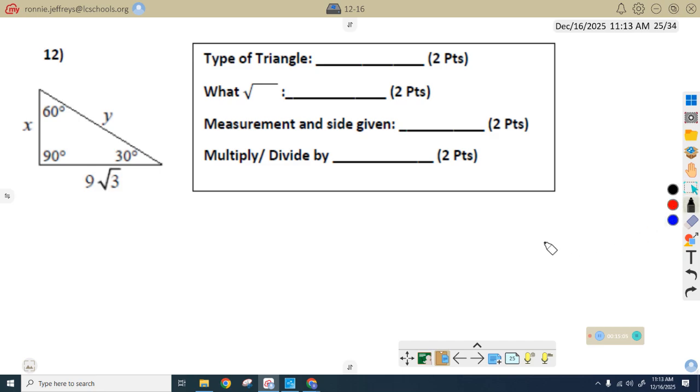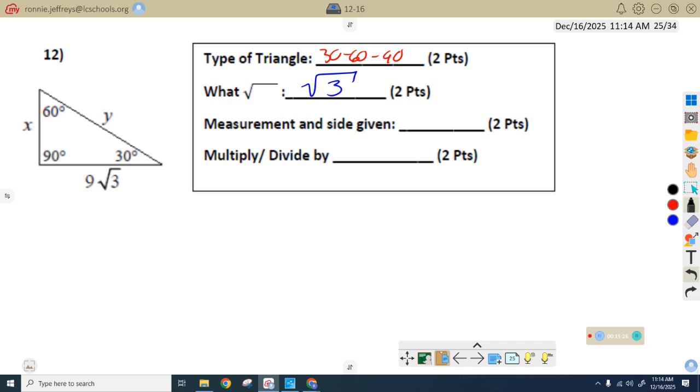So, anybody figure out that this one was kind of a trick question? Yeah. A few people did. All right, this is a 30, 60, 90. And we are going to use the square root of 3.